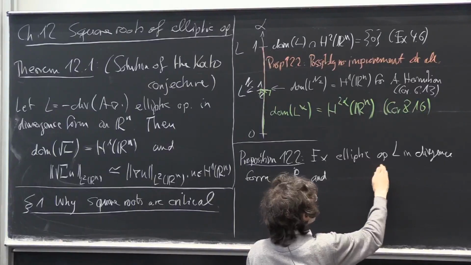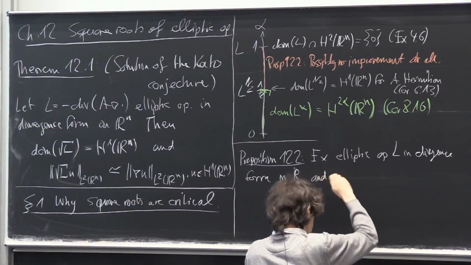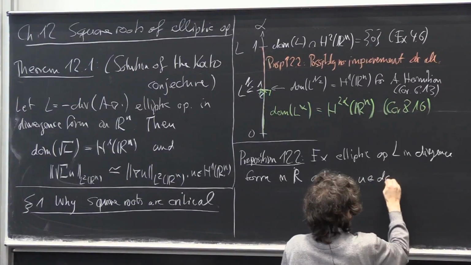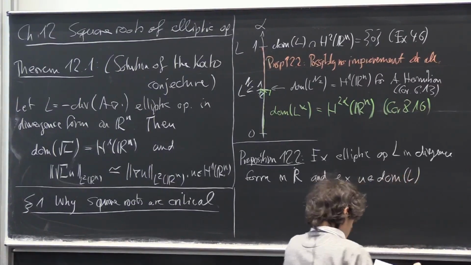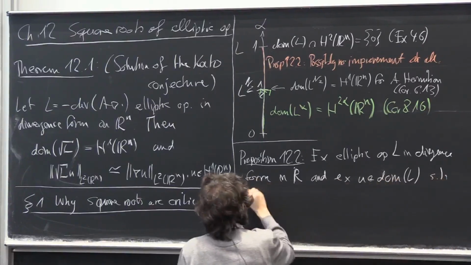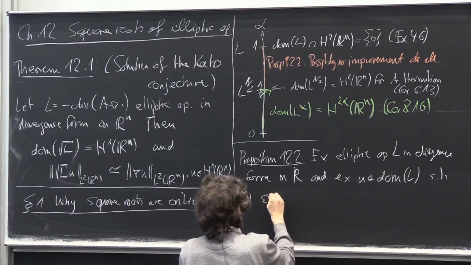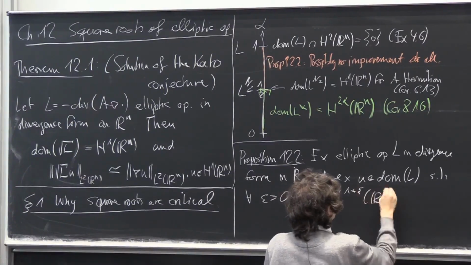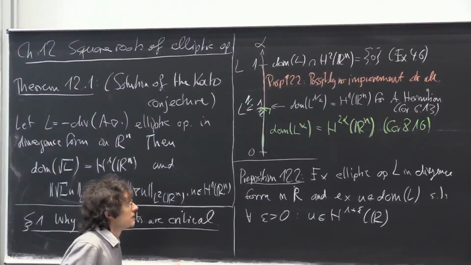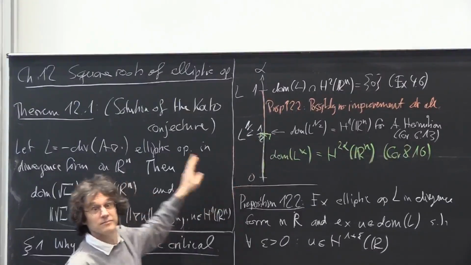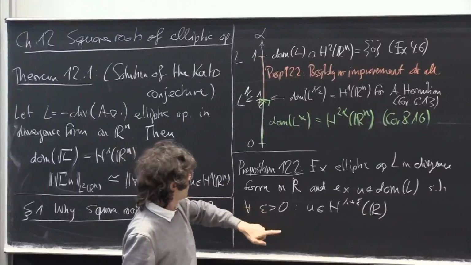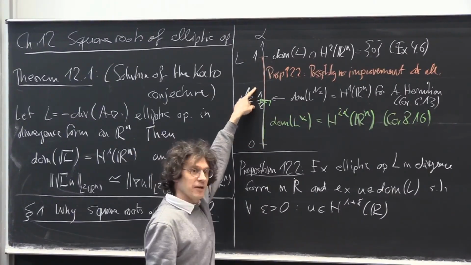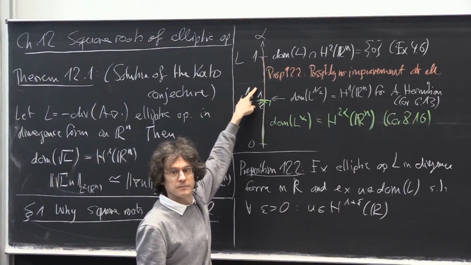So there is an elliptic operator in divergence form L on R, and there is a function u in the domain of this operator such that for every epsilon positive, u is not in H1 plus epsilon. So the square root has domain H1, still to be proved, but the domain of L is not contained in any Sobolev space of higher regularity than H1.